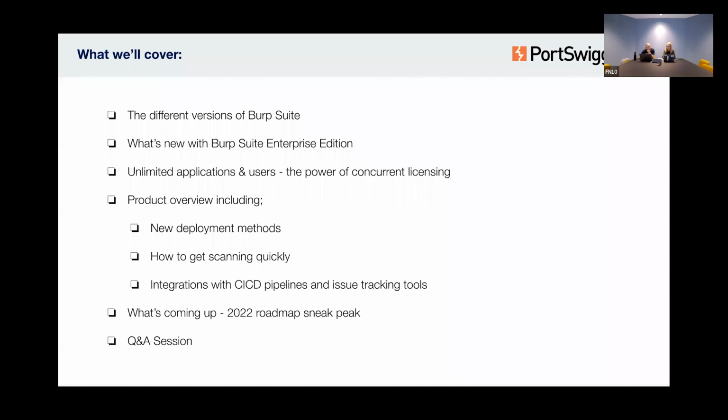And following that, we'll touch on our licensing model, which will lead us nicely into the product overview, which will feature new deployment methods, how to get scanning quickly, integrations with CI/CD pipelines and issue tracking tools, and then a sneak peek into our 2022 roadmap and round the webinar off, as I mentioned, with a Q&A session. So don't worry if you don't get a chance to make notes on all of this. As I said, the recording will be available on the PortSwigger YouTube channel and emailed out to you.